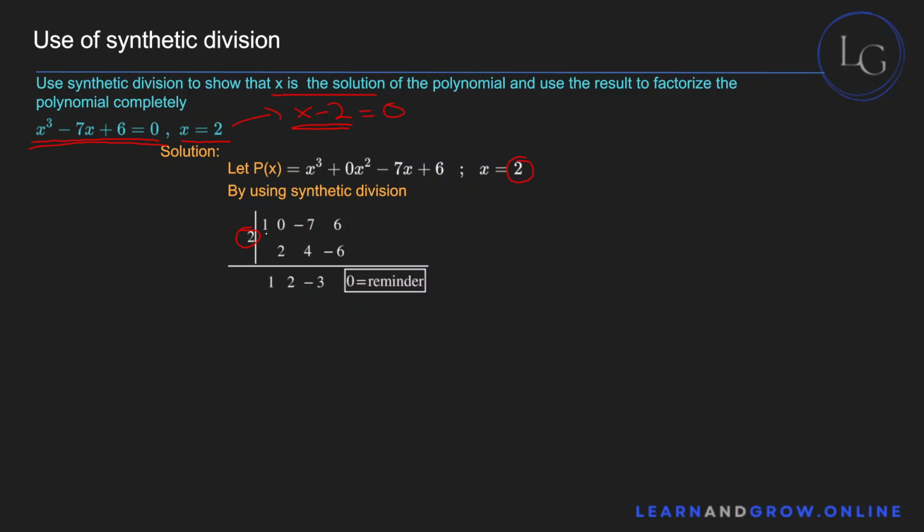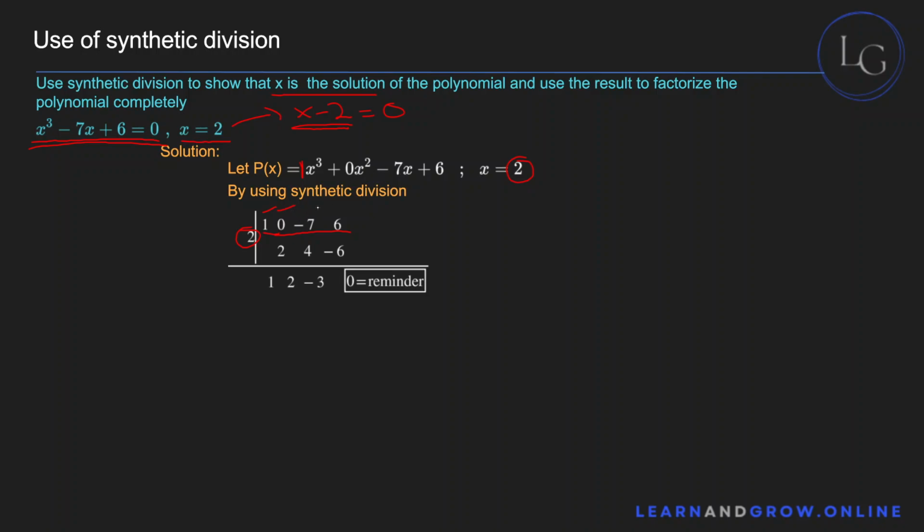Now, you see these numbers, these four numbers, they're the coefficients of the terms in the cubic equation. And as you can see, the coefficient of x cubed is 1, this one here. And there is no x squared term over here. So the coefficient of x squared will be 0.